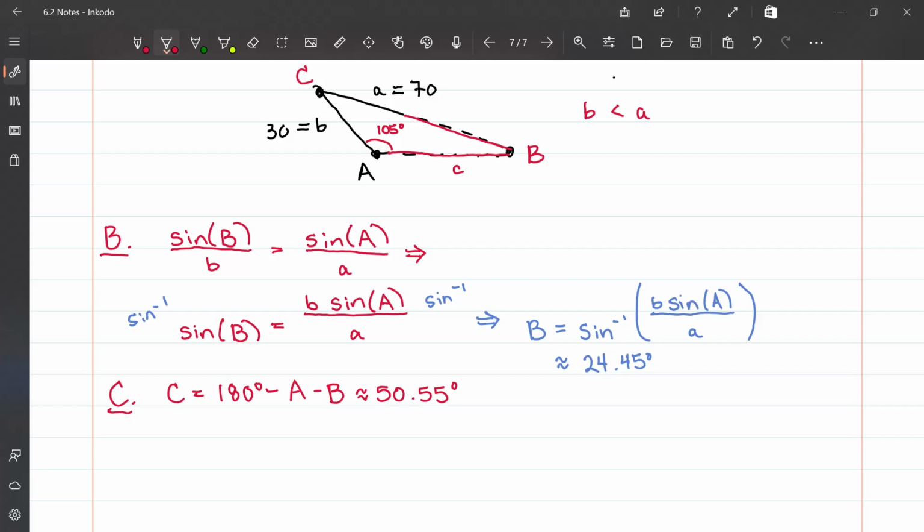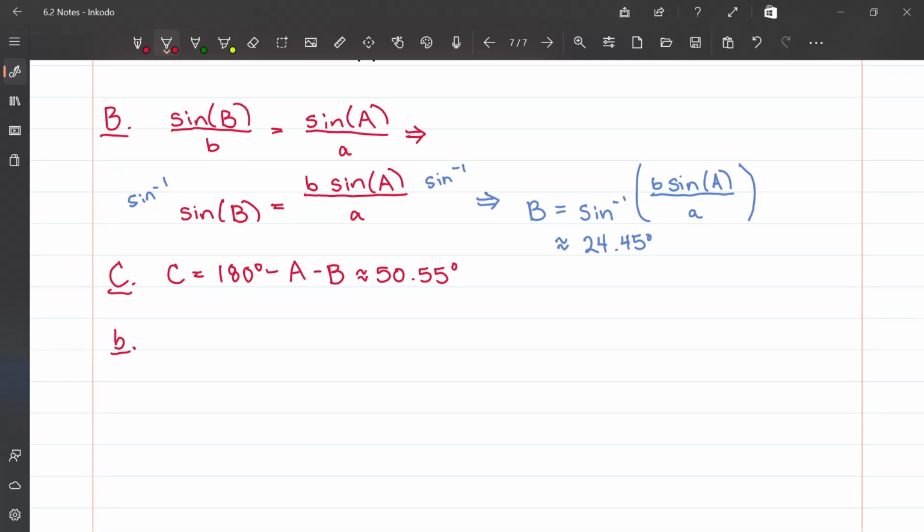In any case, we're going to be solving for little c. And since I'm solving for a side length, I'm going to go ahead and use the reciprocal version of our law of sines. So I'm going to say, okay, I don't know little c. Whoops. I said little c to begin with, and then I wrote little b. I don't know what that was about.